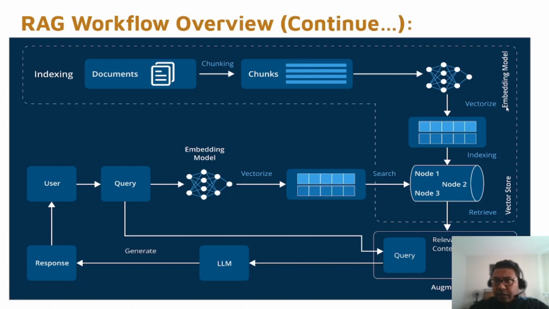Then there will be an embedding model. We'll be learning about the embedding model, but what it does is create a vector out of these chunks. That's the work of the embedding model. This vector is nothing but a numerical representation of a text. Say I say that hotel rent is $250 per night.